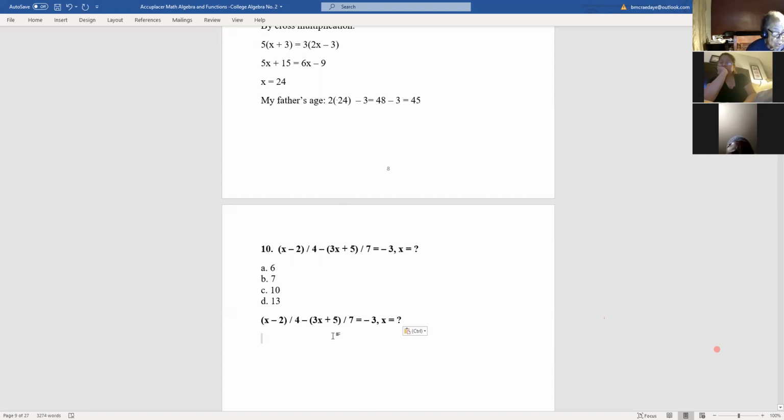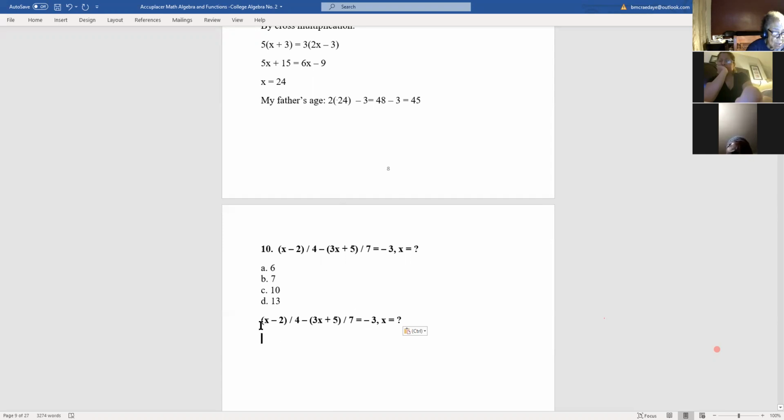x minus 2 divided by 4 minus 3x plus 5. So this expression minus this expression is equal to a minus 3.